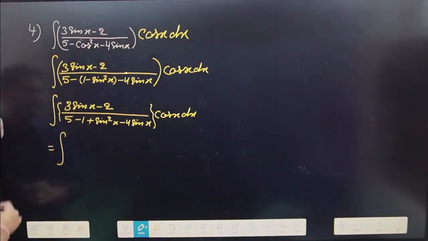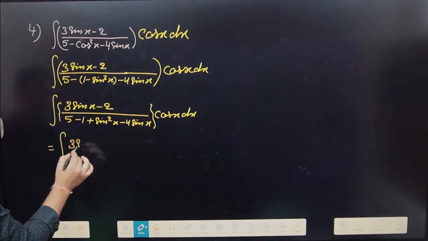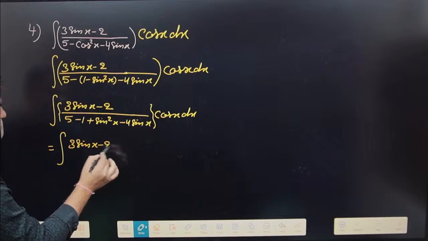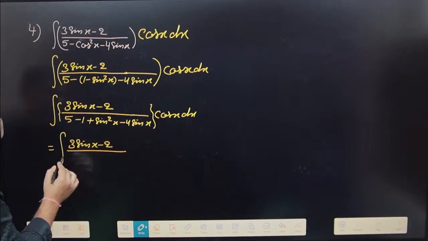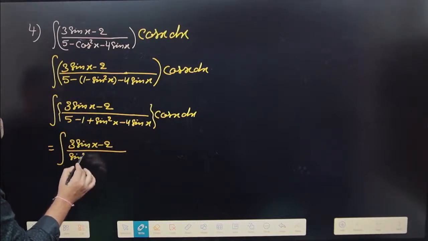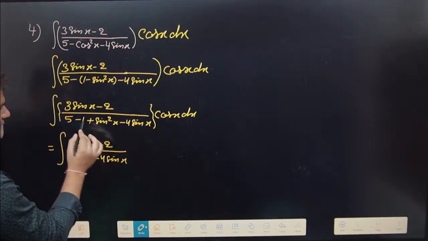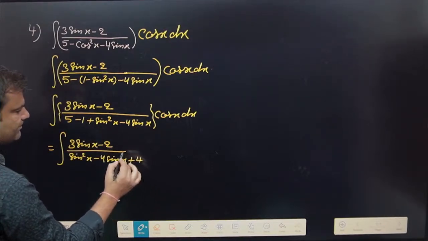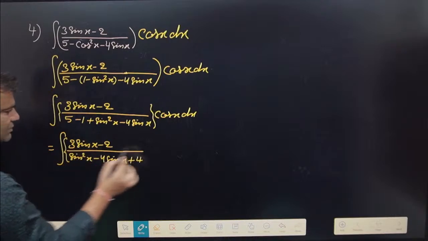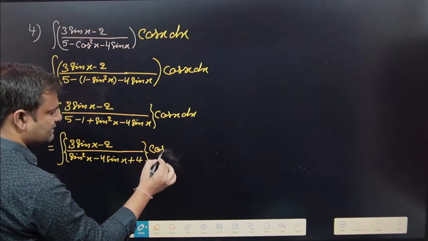Now after that, this is 3 sin x minus 2 divided by sin square x minus 4 sin x, and here plus 4, into cos x dx.